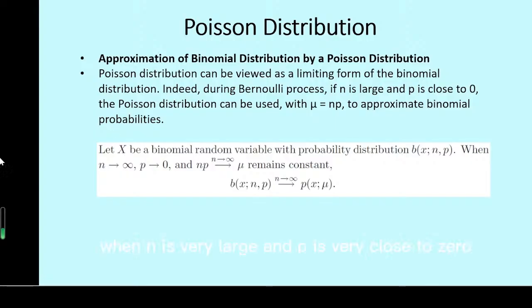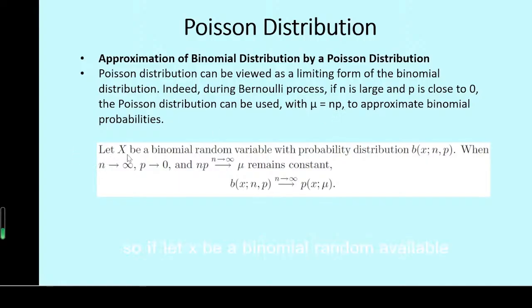But when n is very large and p is very close to 0, for example p is about 0.001 with n equal to 1,000 trials, the binomial distribution can be approximated with a Poisson distribution with mean mu equals np, the binomial distribution's mean.